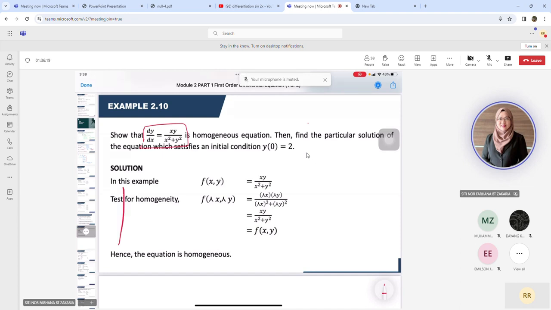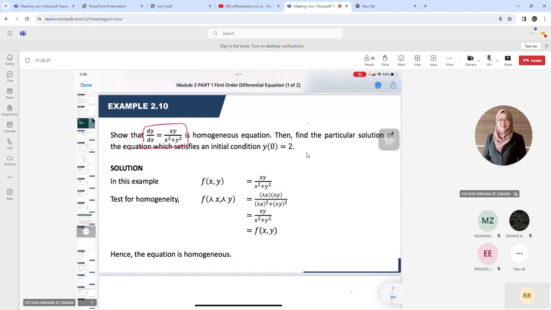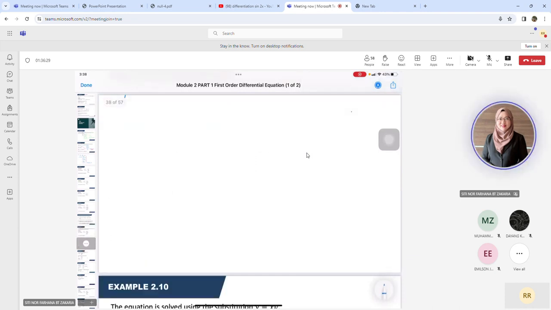Okay. Step 2. You need to substitute y equals xv and also dy over dx equals v plus x dv over dx.